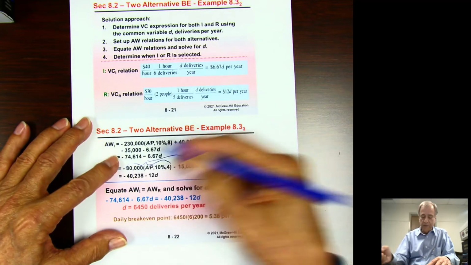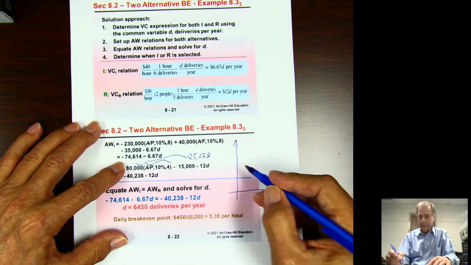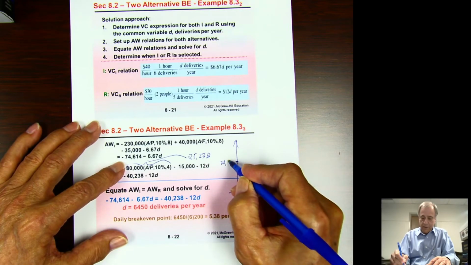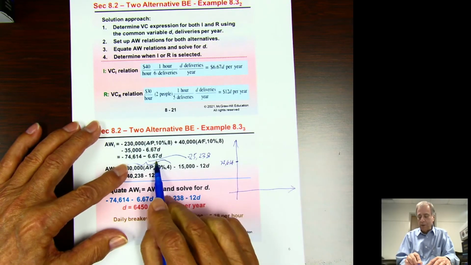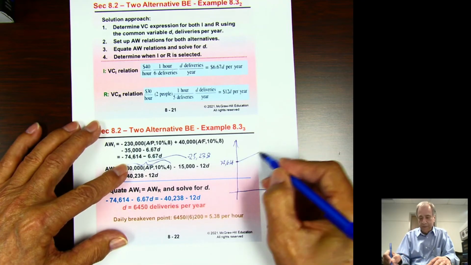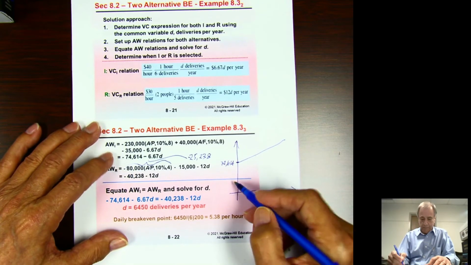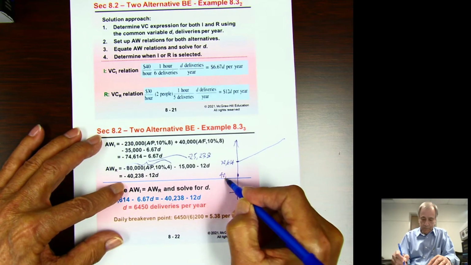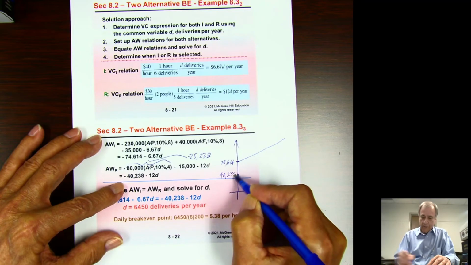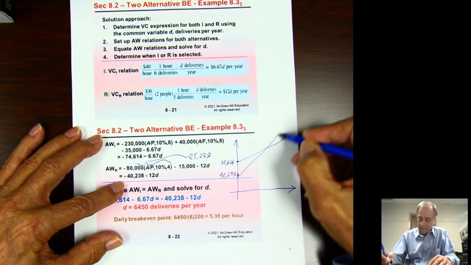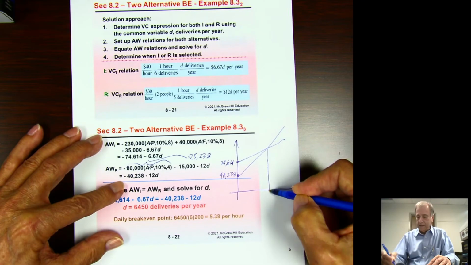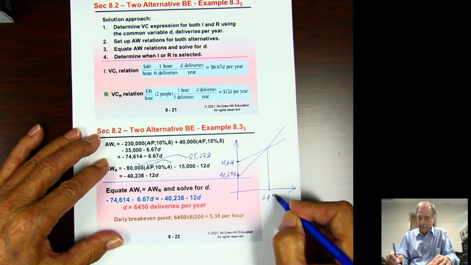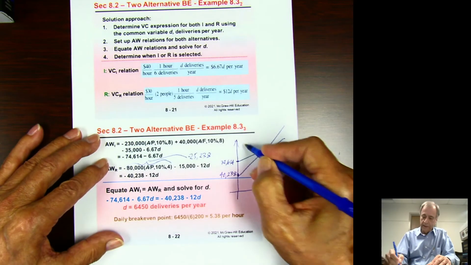Those are negative, so I'm going to multiply them all by minus 1, and so I have 74,614 with a slope of 6.67, and then I have 40,238 with a slope of 12, and we found out that they will cross at 6,450 for our quantity. These are dollars.